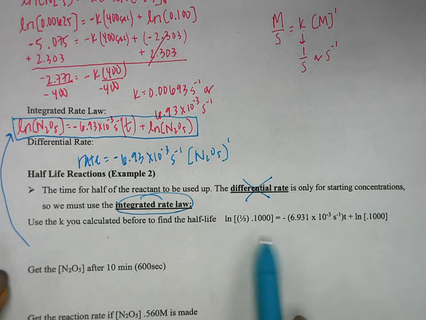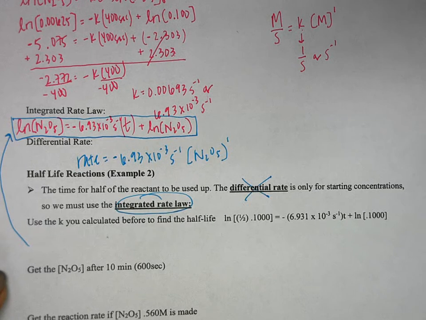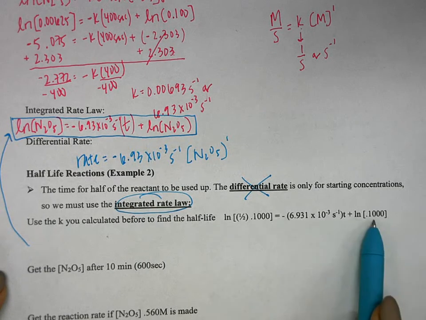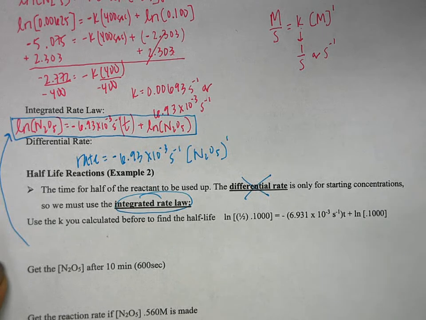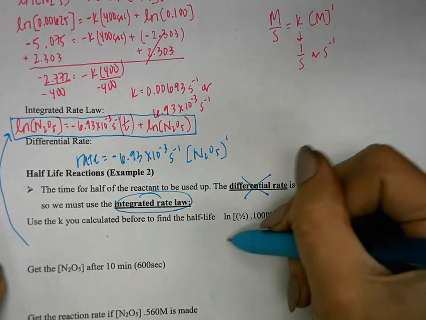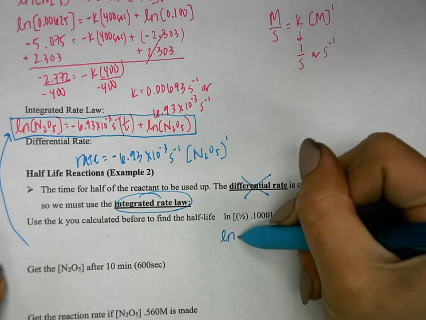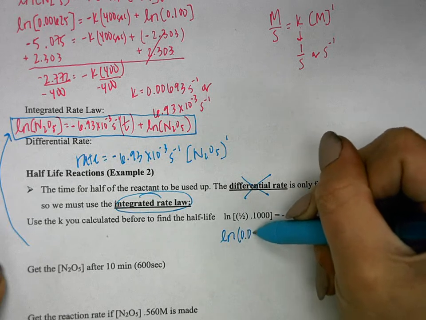They're telling us that initially we had a 0.1 concentration, so what would half of that be? Half times 0.1 would be 0.05. So if we plug in, we have the ln of 0.05, right? Where did I get that?